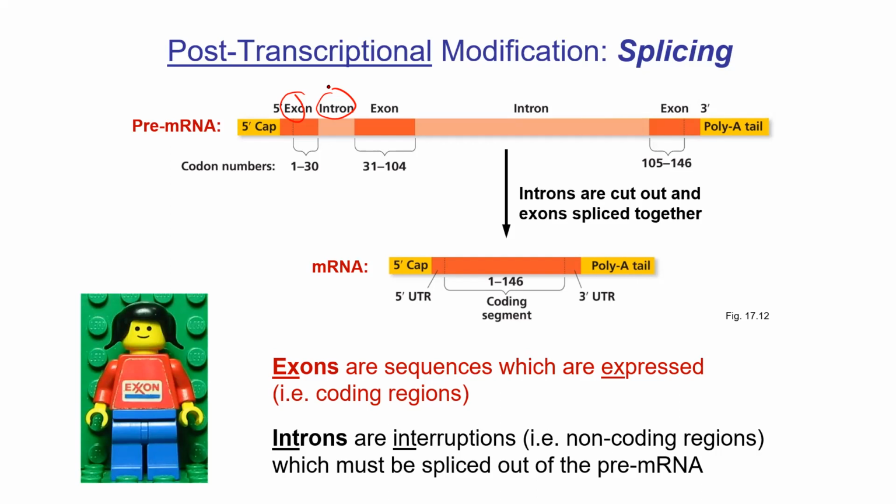Introns, int is for interruption, meaning they're in the middle of the coding regions. So they have to get cut out. And the word we use for cutting out is splicing. If you've ever heard the word splicing, that's what this means. It doesn't mean some scientist in a lab messing with DNA. This is actually a natural process, splicing, where the introns are cut out.